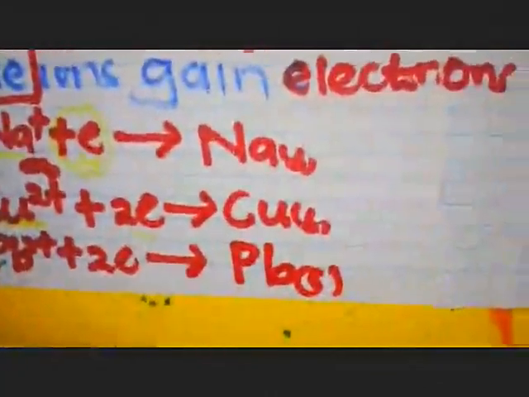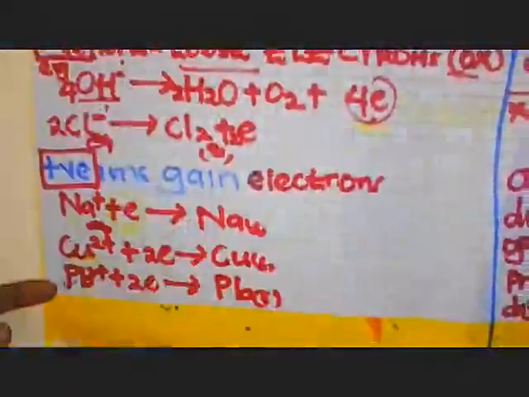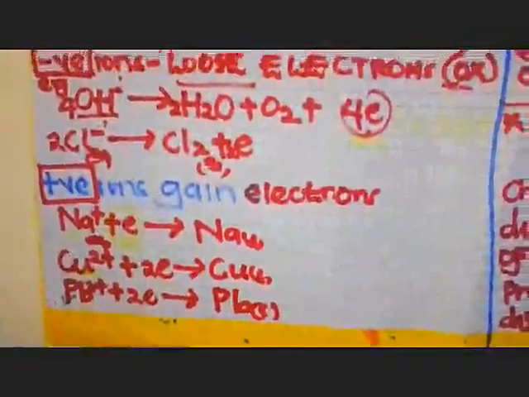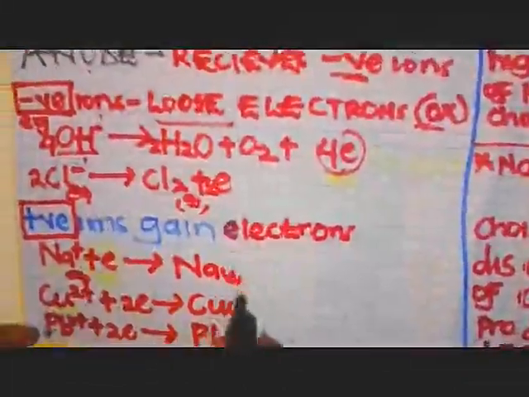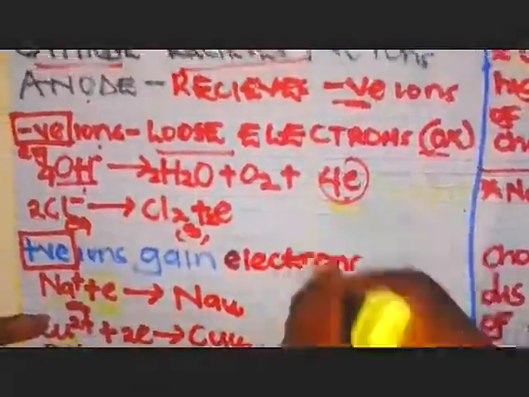Now, you can look at copper also gaining 2 electrons to form solid copper, and the lead ion is gaining 2 electrons. But all of these are taking place at the cathode, which we are saying is a negative terminal. So the cathode has the cations, and we have reduction there.